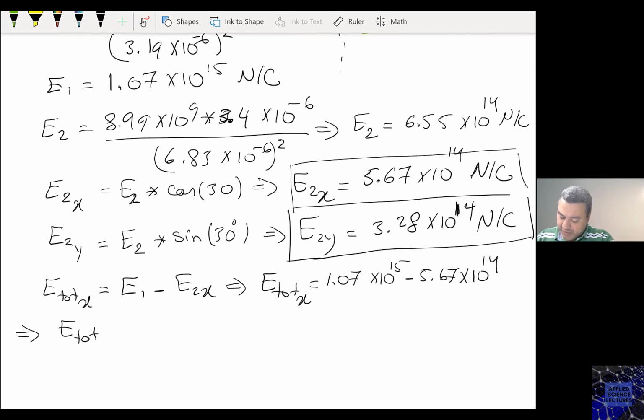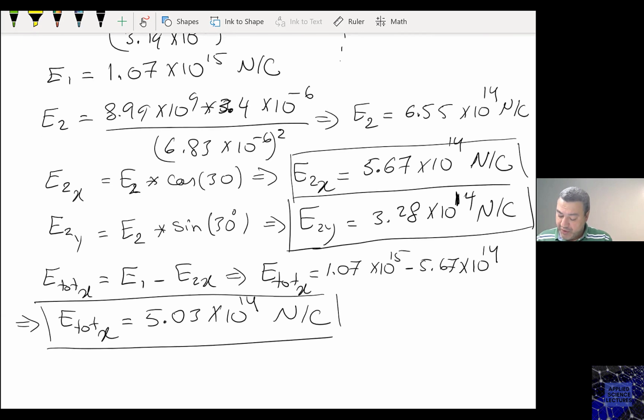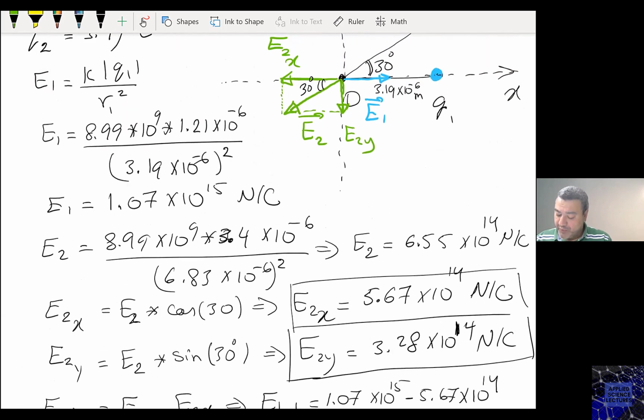E total X is 5.03 times 10 to the power 14 Newton per Coulomb. This is the X component, and the Y component will be coming only from E2Y.